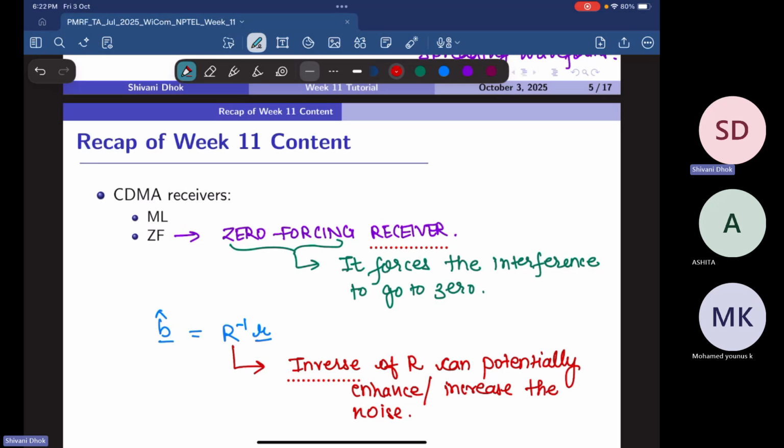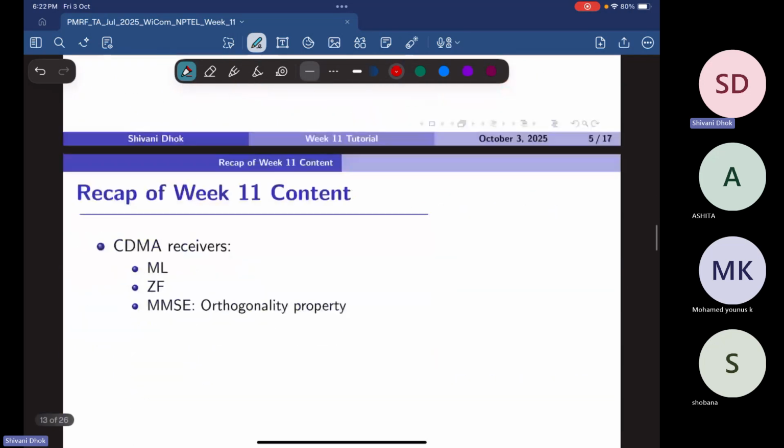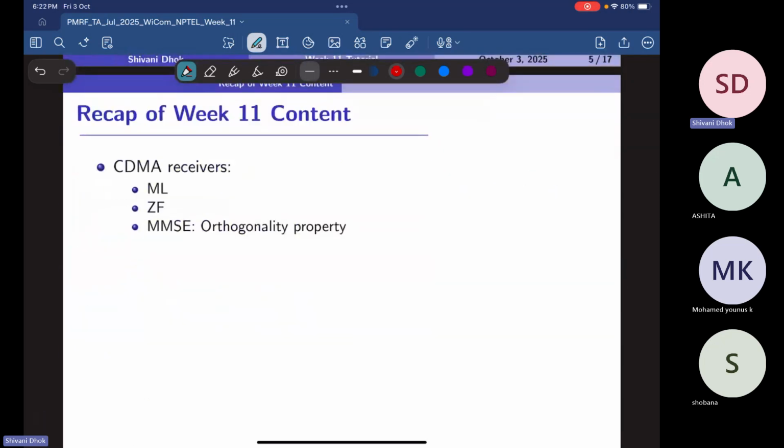To avoid such issues, we said that we'll go with a linear receiver, and that linear receiver is your MMSE receiver. It is constructed based on the orthogonality property that the estimation error is perpendicular to the data that you are going to receive. For that, we said my estimate of B is given by a linear combination of your received signal vector r.